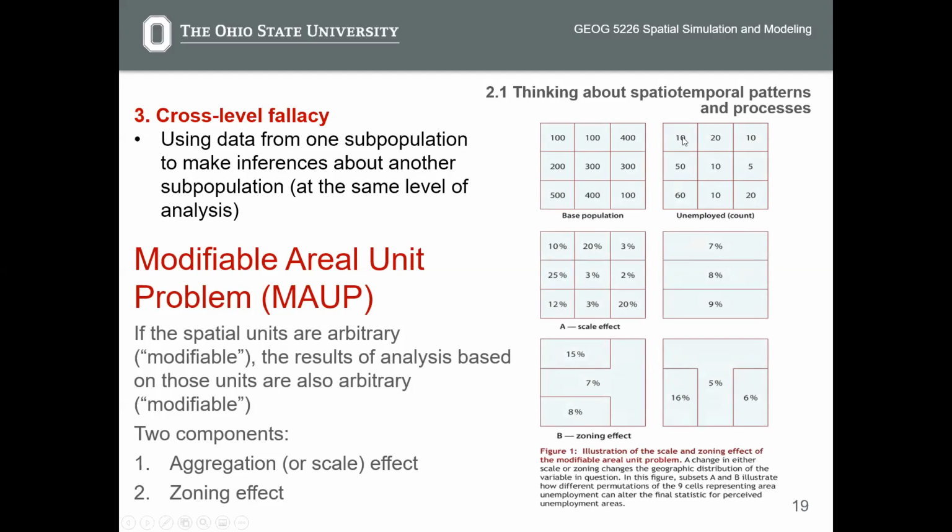So 10 people out of 100 in unit 1 do not have a job. 20 people out of 100 in unit 2 do not have a job. If you divide 10 by 100, you have 10% as the unemployment rate for unit 1, right? It's a very simple calculation for unemployment rate.